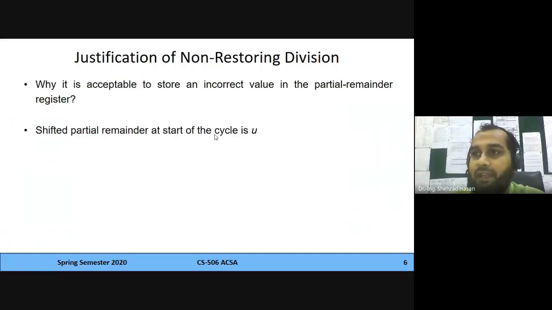So why is it acceptable to store an incorrect value in the partial remainder register? Let's say we have a partial remainder at the start of the cycle, and we denote it as u, right? We have already shifted it, so we need to do the trial subtraction.